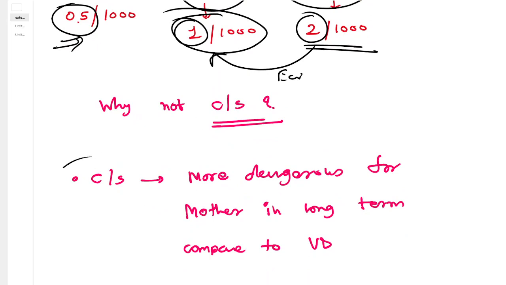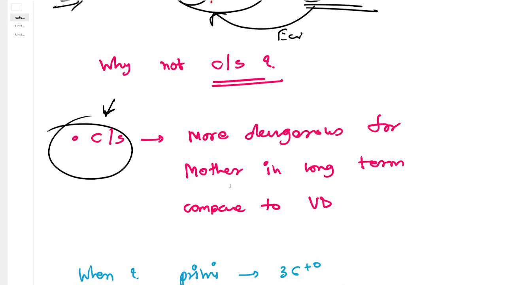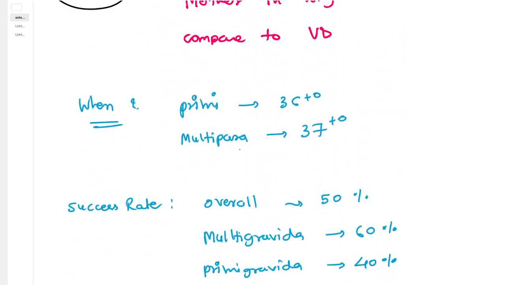So we have to think about the mother. Yeah, obviously the baby is important, but the mother is the priority, you have to think about the mother first. And cesarean section is dangerous in the long term compared to vaginal delivery. So as an obstetrician, always remember your primary duty is to save women, to reduce problems for the women.